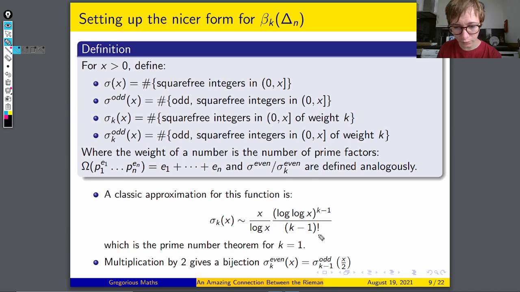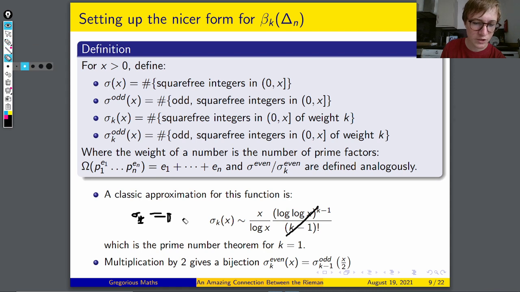But the really cool thing is that when k equals 1, obviously this part is going to go away, and numbers of weight 1 are obviously just prime numbers. So our sigma 1 is literally just our prime counting function. So this approximation when k equals 1 is literally just the prime number theorem.